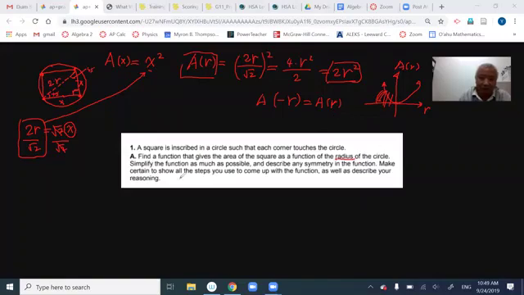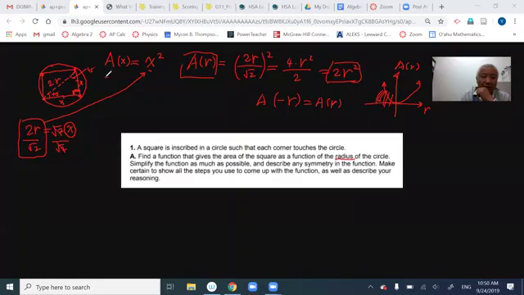Make certain to show all the steps to come up with this function as well as describe your reasoning. Our reasoning is this. Basically, we have a square, all the sides equal, making a right angle. So x here, and the radius is r, so the diameter is 2r.